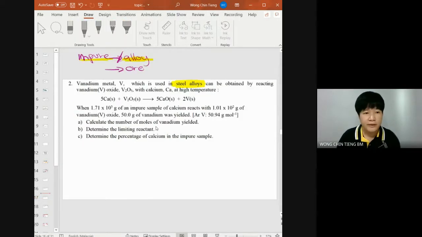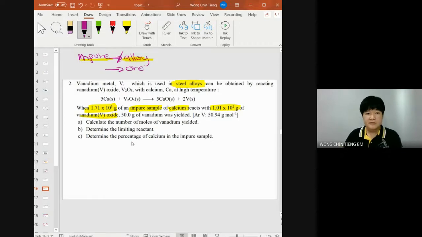So my question over here. The word impure sample. Look at it. When I have 1.71 times 10 to the power of 3 gram of impure sample of calcium react with 1.01 times 10 to the power of 2 gram of vanadium oxide.